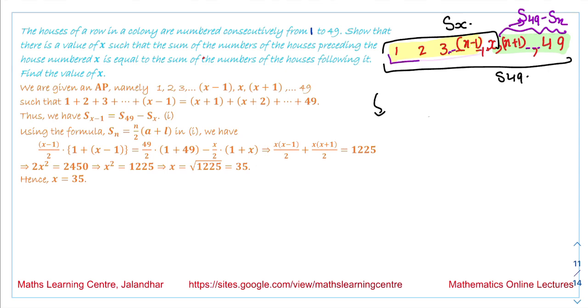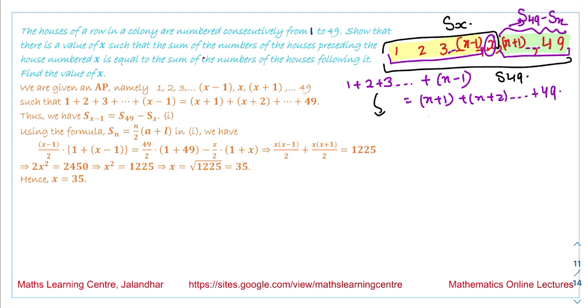So we have to calculate the sum of these terms. Now suppose the house is at number x. So we are saying 1 plus 2 plus 3 and so on up to x minus 1 is equal to x plus 1, x plus 2, and so on up to 49.